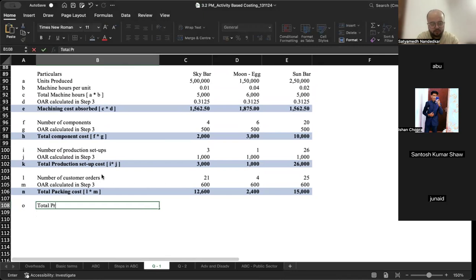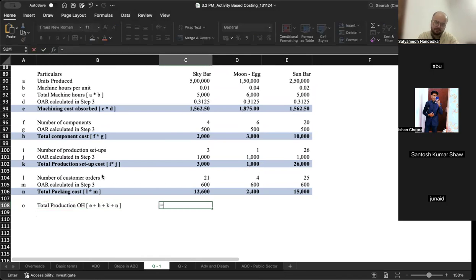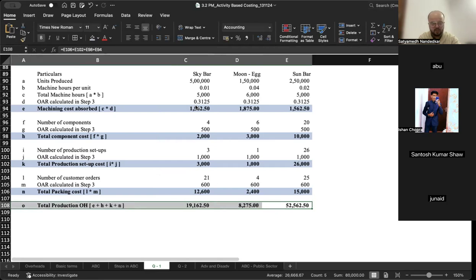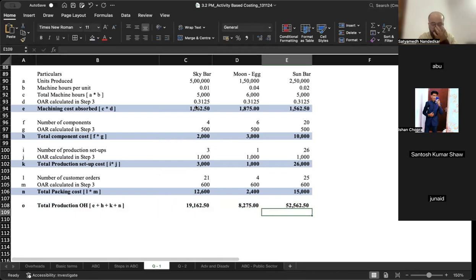So total production overheads, E plus H plus K plus N. Okay, I have my total production overheads.